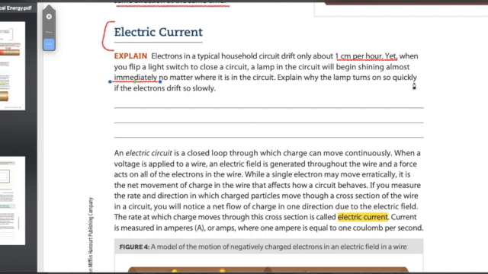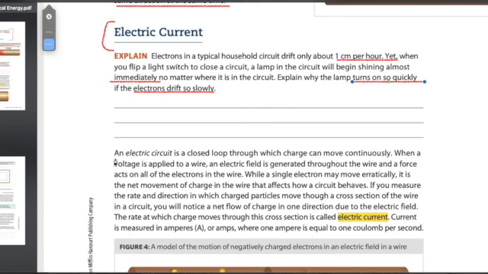Explain why the lamp turns on so quickly if the electrons drift so slowly. So as usual in this book, they ask us a question, and now they're going to give us the answer and ask us to think about it, and then we'll write up here what we think the answer is.